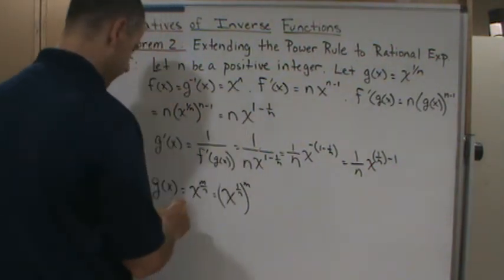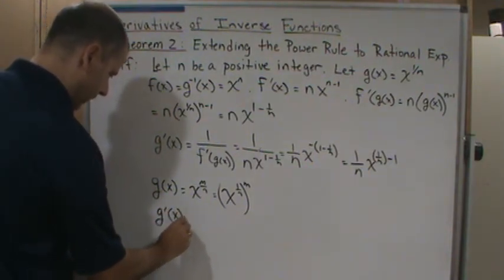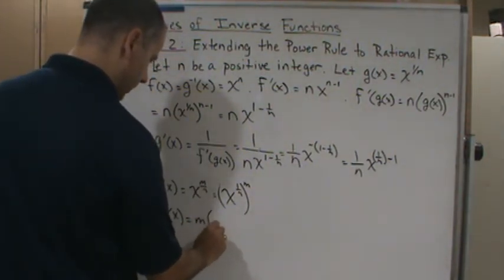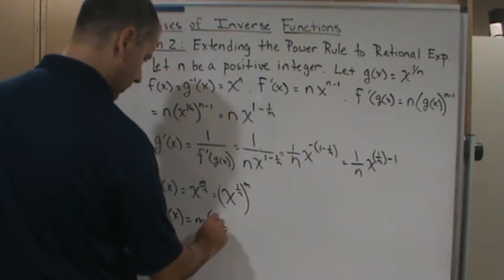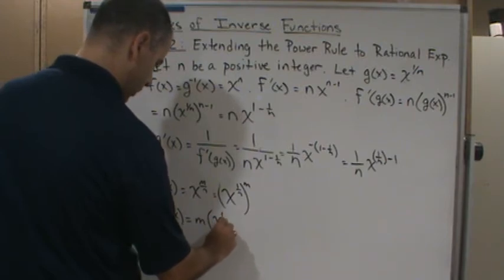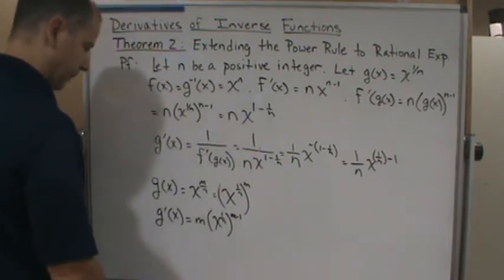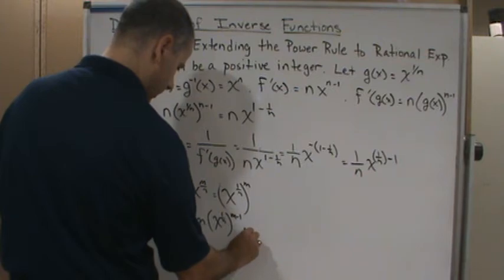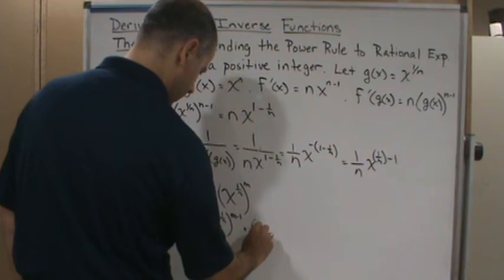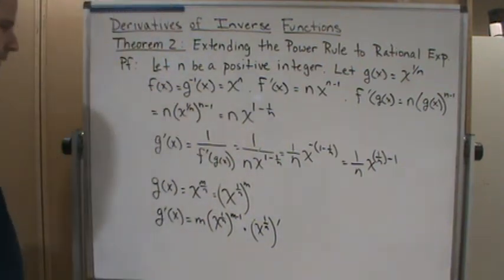So g prime of x is equal to m times x to the 1 over n to the m times the derivative of the inside.